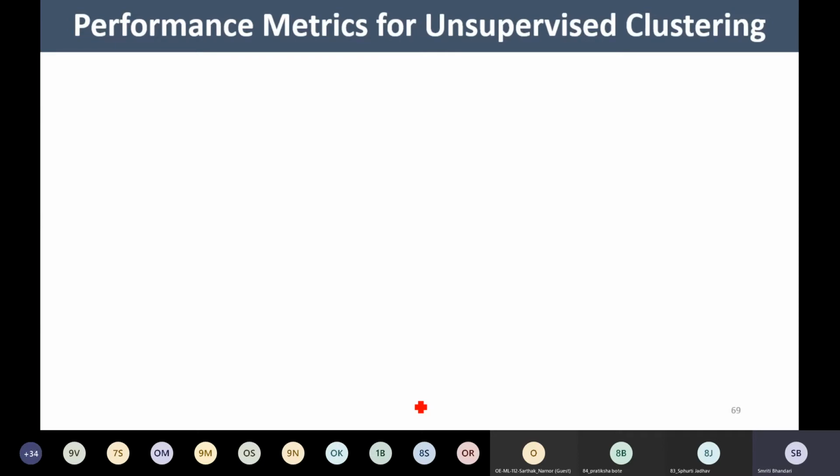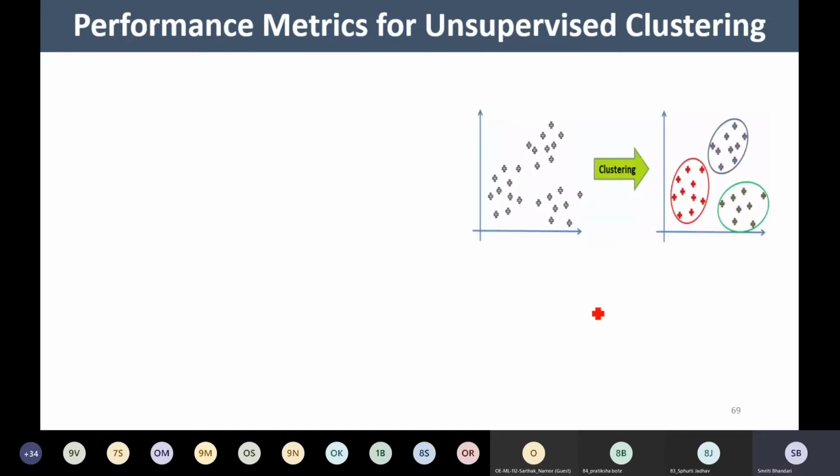The most popular under unsupervised learning is the clustering algorithm, right? So we are looking at how the performance of clustering algorithms is measured.